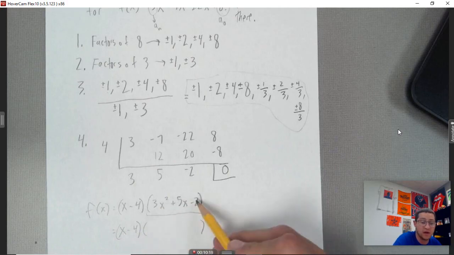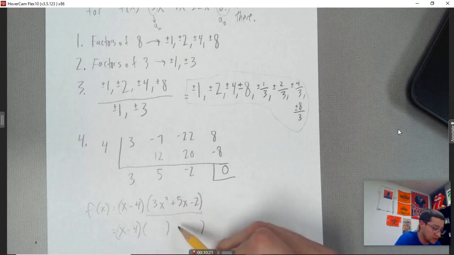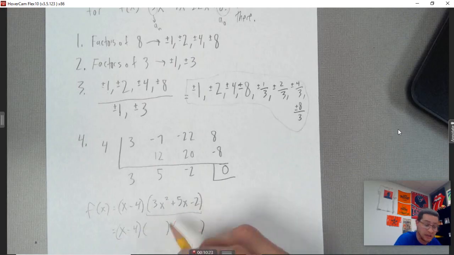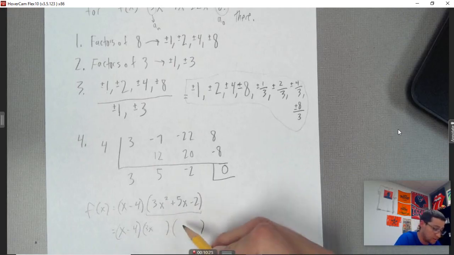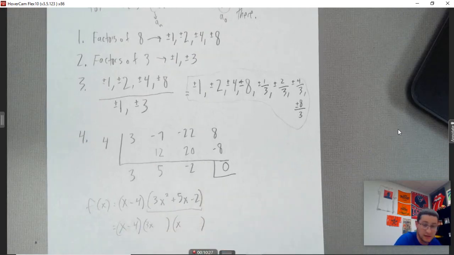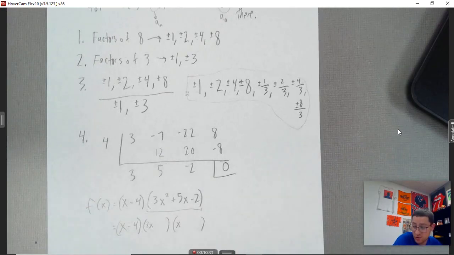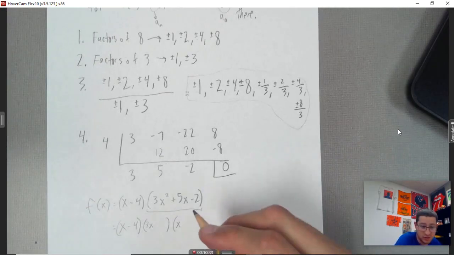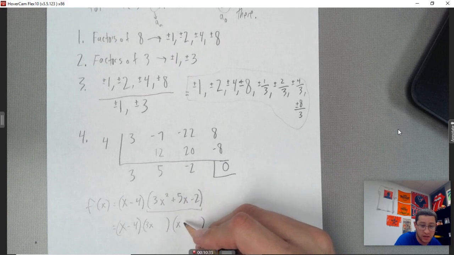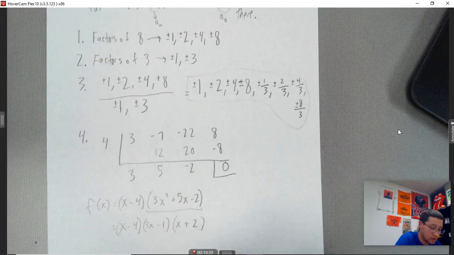And when we have a quadratic, that's when we are splitting it like this. You've got 3x here, and you've got x, and then you fiddle around with it, and you should end up getting a plus 2 here, and then a minus 1 here.